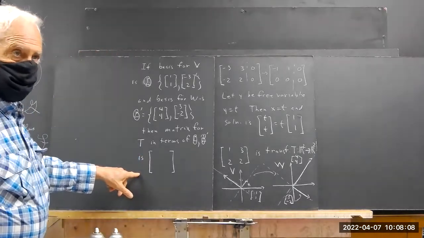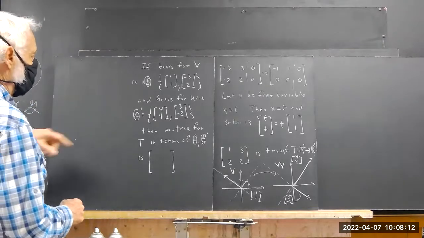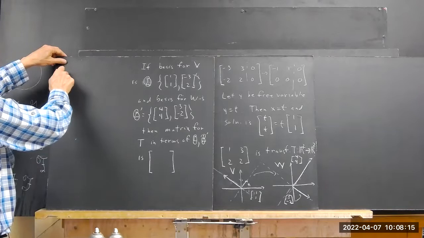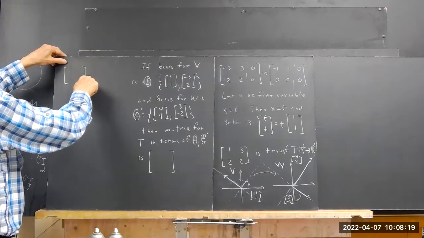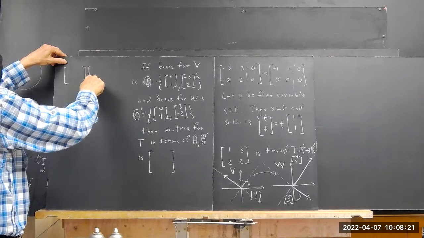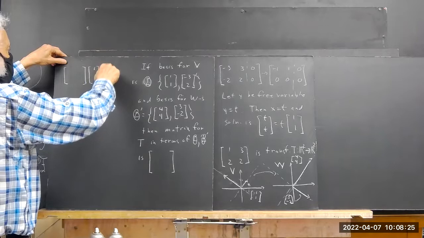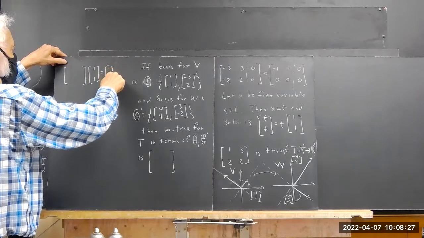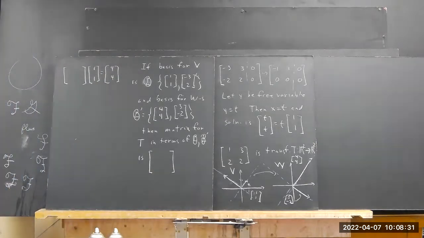Okay. Well, think about it. This matrix multiplied by the vector 1, 1 is 4, 4. What does that tell you about the matrix?